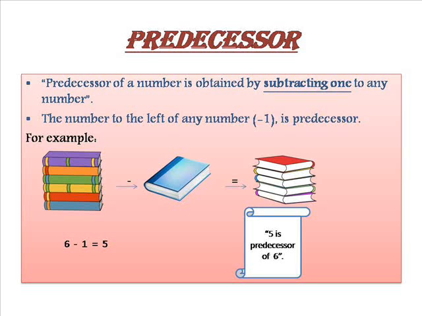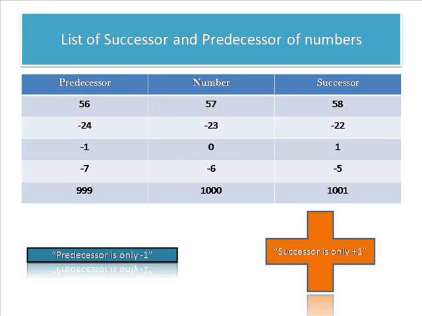Here I have taken some numbers with their successor and predecessor. First example is 57. If we add 1 to it, we get 58 as successor. If we subtract 1 from it, we get 56 as predecessor. For negative number -23, if we add 1 to it, we get -22 as successor, and if we subtract 1 from it, we get -24 as predecessor.